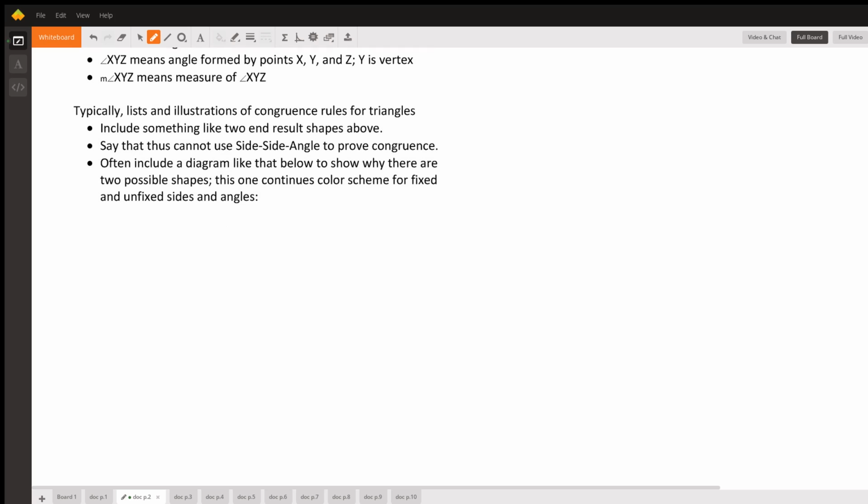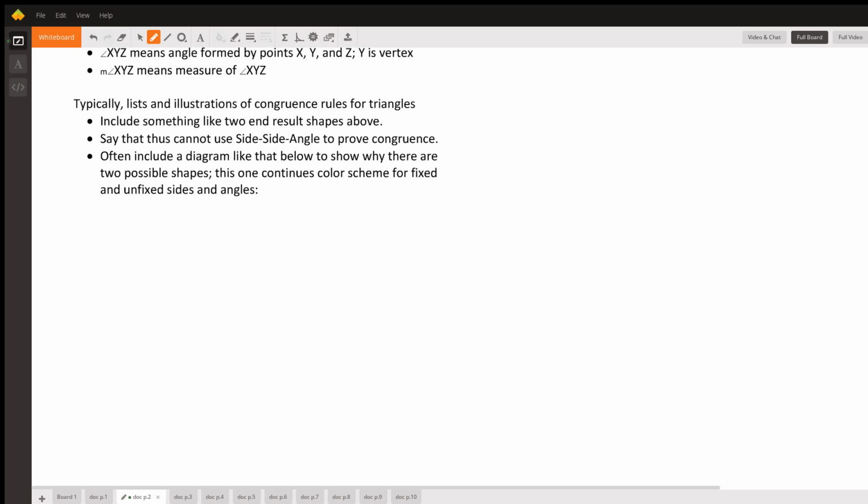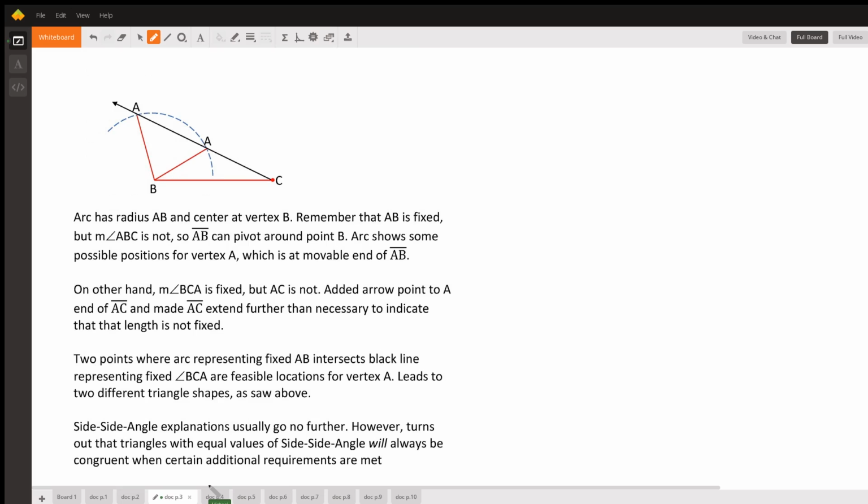This one continues the color scheme I've been using, black for unfixed and red for fixed. So here's our fixed side and our fixed angle, unfixed side, and then two possible locations for the fixed side that's not adjacent to the fixed angle that work.